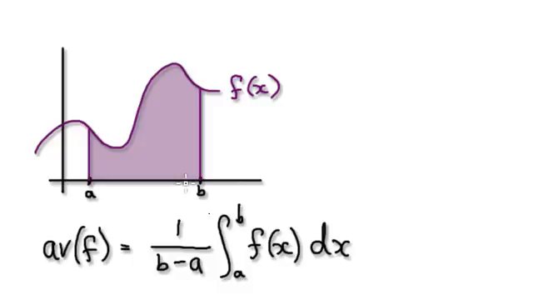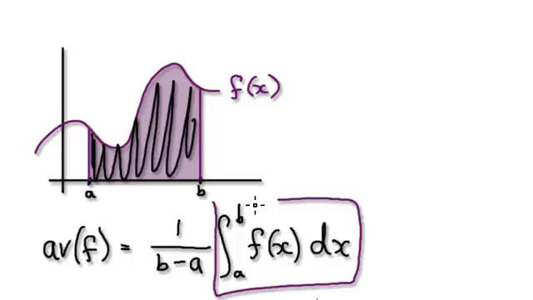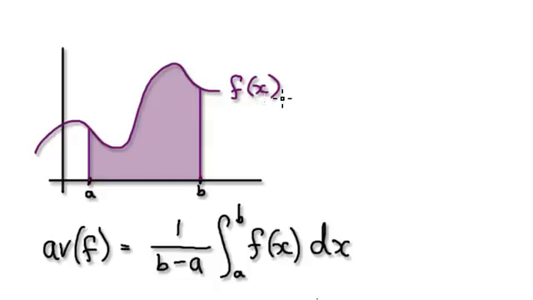Now if you look at the area of this thing here, which is this bit by the way, and divide it by the across here, it will give you the average height of the function, if that makes sense.